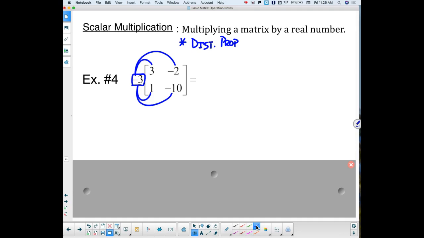So my result here would be negative 3 times 3 is negative 9. Negative 3 times negative 2 is positive 6. Negative 3 times positive 1 is negative 3. Negative 3 times negative 10 is positive 30. So my resultant matrix is a 2 by 2 matrix of negative 9, 6, negative 3, 30.